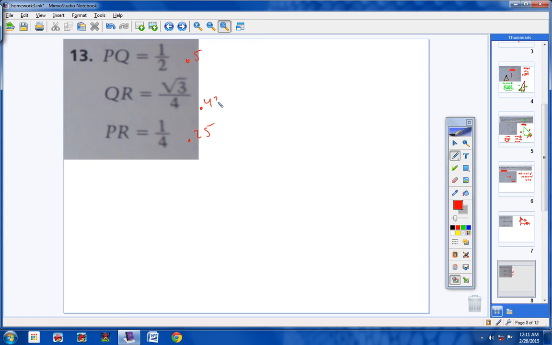So 1/2 is your longest side. Okay, 1/2 is your longest side. So when I draw my right triangle, PQ will be my hypotenuse, PQ, and this is R. So PQ is 1/2, QR is square root of 3 over 4, and PR is 1/4, okay?